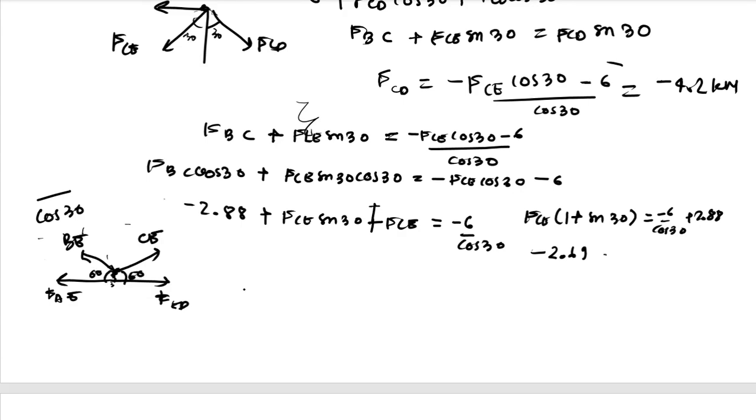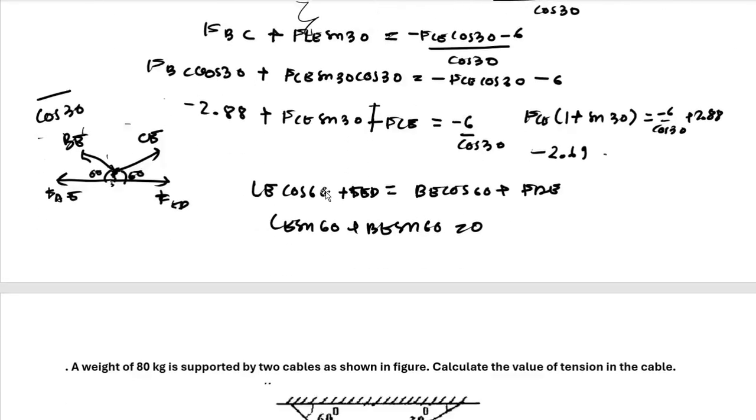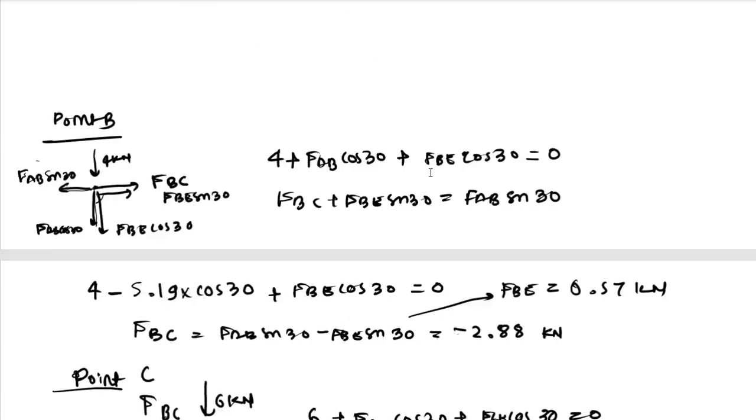We can just apply the equilibrium condition, which is CE cos 60 plus FED is equal to BE cos 60 plus FAE, and CE sin 60 plus BE sin 60 is equal to 0. And you know the value of BE and CE from your previous calculation.